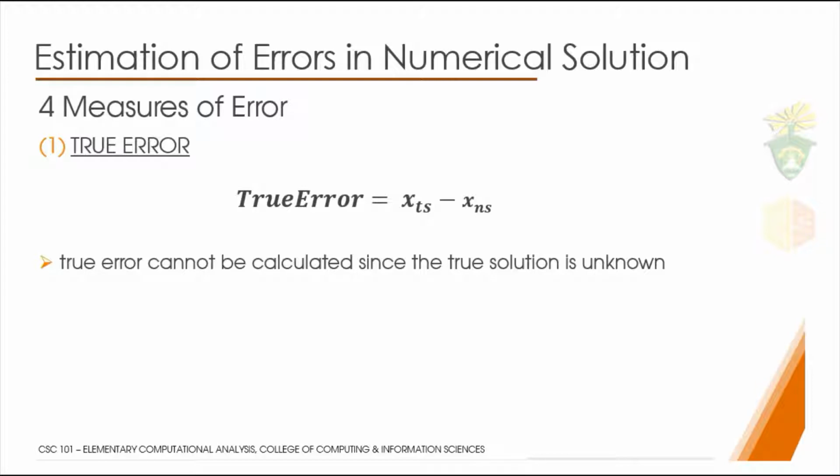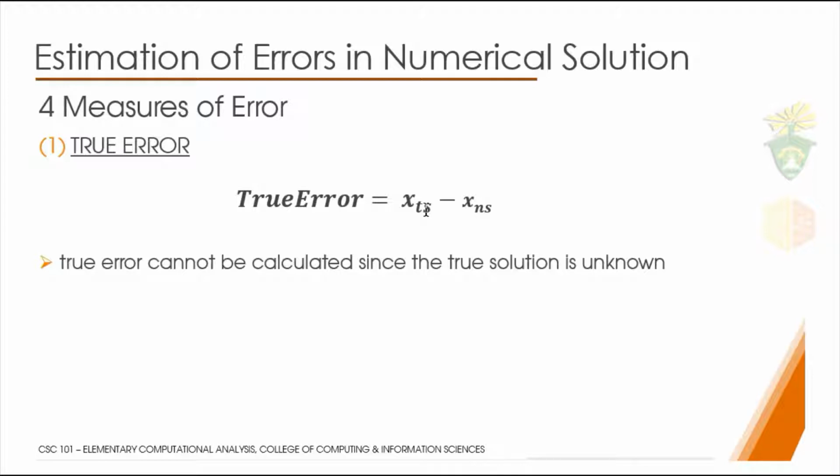Unfortunately, true error cannot be calculated since obviously the true solution is unknown, but we want other error methods to be as close as the true error. So, in other words, true error cannot be computed since x sub ts is, again, unknown. We don't know the true solution. That's why we are using numerical solution in the first place.